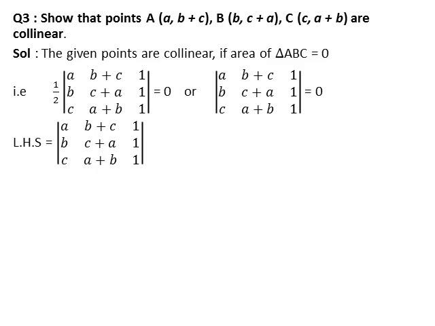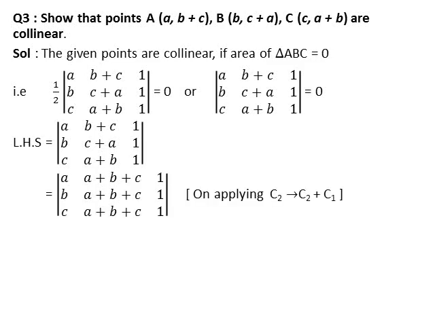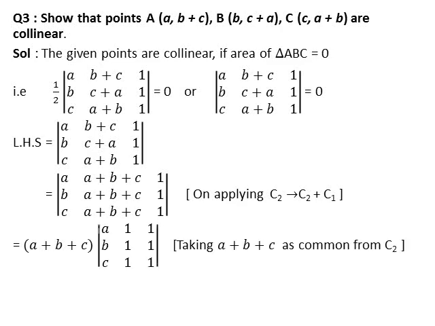To reduce the simplification of the determinant, use the operating property. Applying the operation C2 goes to C2 plus C1, we get each element of C2 equal to A plus B plus C. In the next step, taking A plus B plus C as common from C2, we get each element of C2 equal to 1.